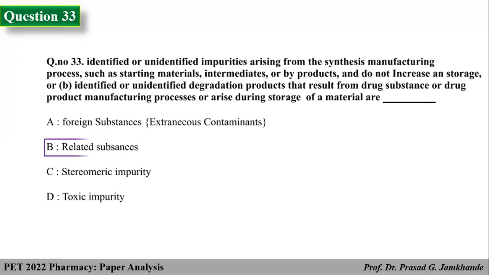This particular material represents the related substance. Related substances are the substances which are produced during this process. Foreign substances are the external substances. Stereoisomeric impurities are another kind of impurities. Toxic impurities are also the same drug, but might also include other drugs or other compounds. Particularly, this statement is related with the related substances.